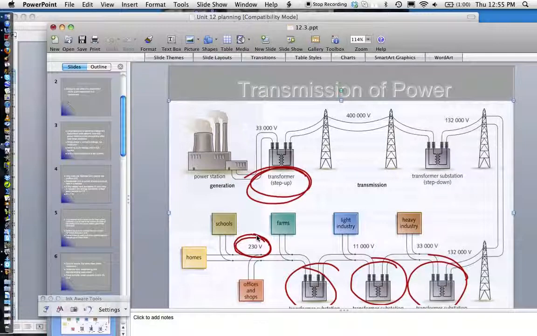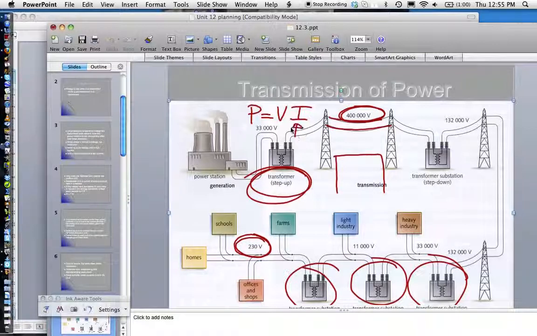So this is an idea of how transformers are used to transfer electricity. This is the major distance, this one over here. And so you have it going at this very high voltage, very low current, because remember, your power is equal to your voltage times your current. So when you step this up from 33 to 400, you basically stepped it up by perhaps 11 times.